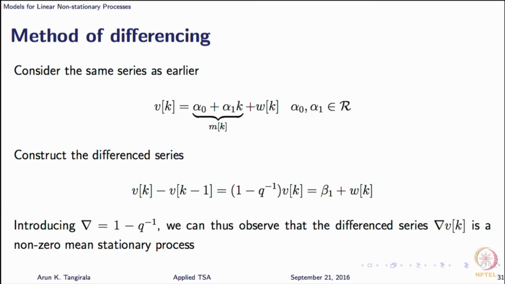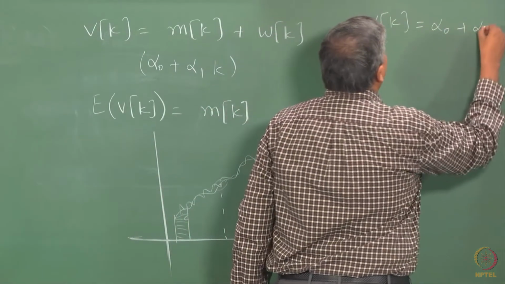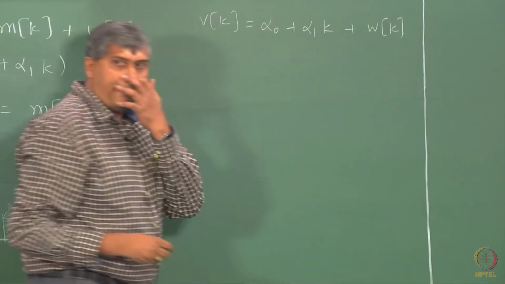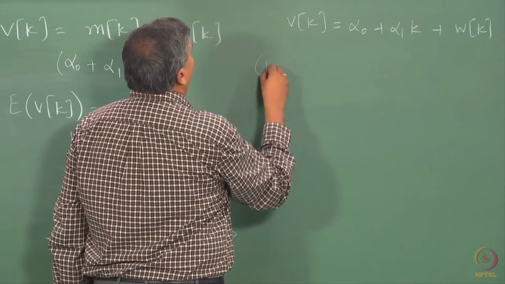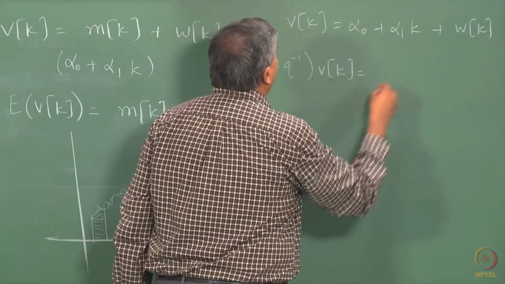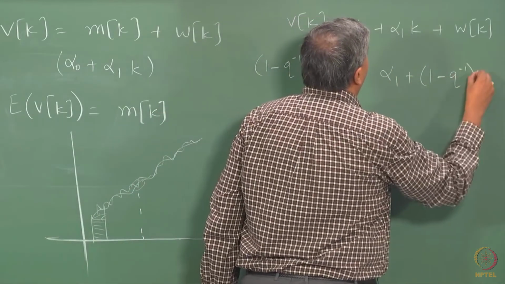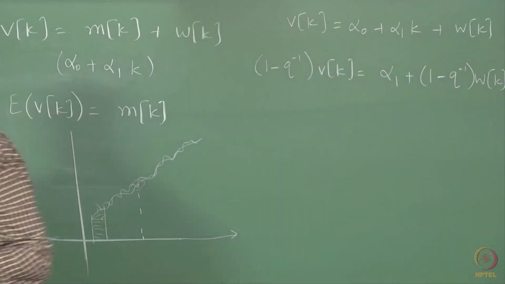So, you have Vk as alpha naught plus alpha 1 k, plus Wk, all right. And what we are doing is we are differencing Vk, so that we have here alpha 1, but plus (1 minus q inverse) Wk. So, what is shown on the screen is not entirely correct.